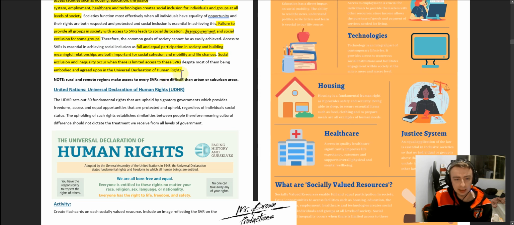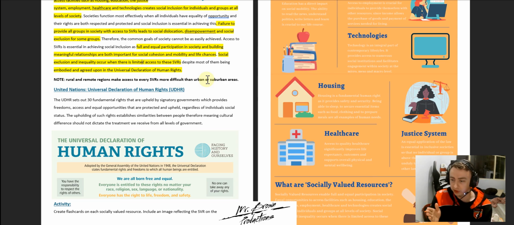The reason we're linking it with human rights is because if we're asked a question in the HSC and we're talking about the positive impacts of it, we can reference the human rights. Okay, it's a human right, therefore it has a positive impact because it's increasing social mobility, cohesion, XYZ.